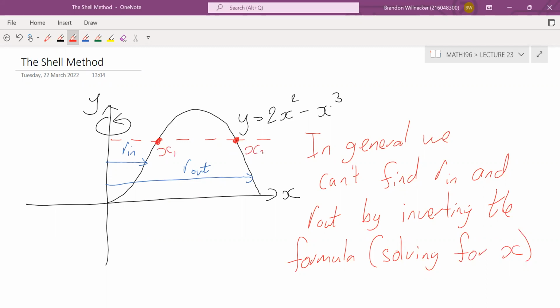So we have X1 and X2, but in general, we can't do that. That's quite difficult to do.